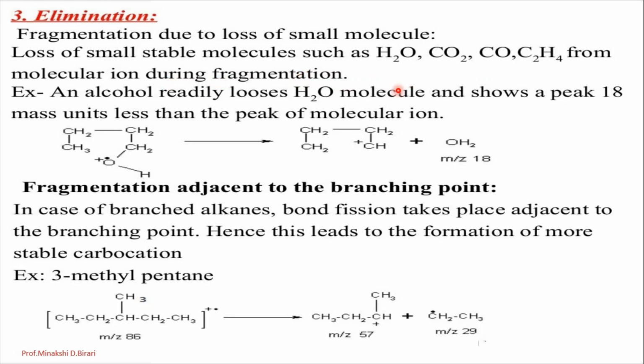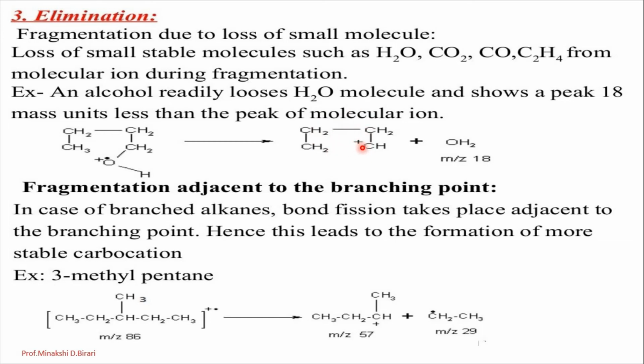For example, an alcohol readily loses an H2O molecule and it shows a peak at M/Z 18, or 18 mass units less than the peak of the molecular ion. So if we take this example of alcohol, here also the loss of the small stable molecule such as H2O occurs, and due to that H2O removal we get the peak at M minus 18, and formation of another fragment.